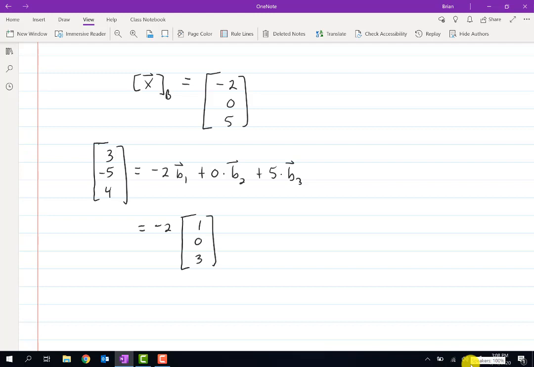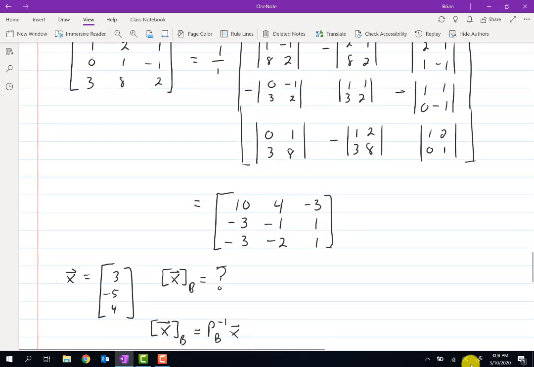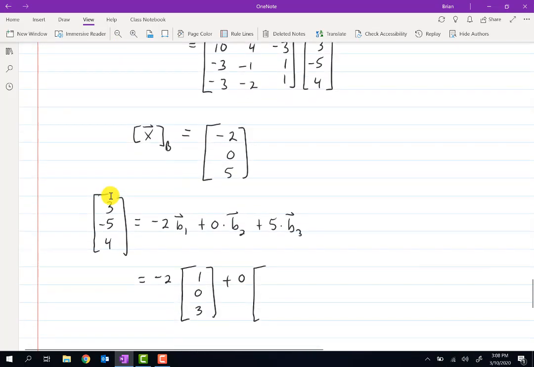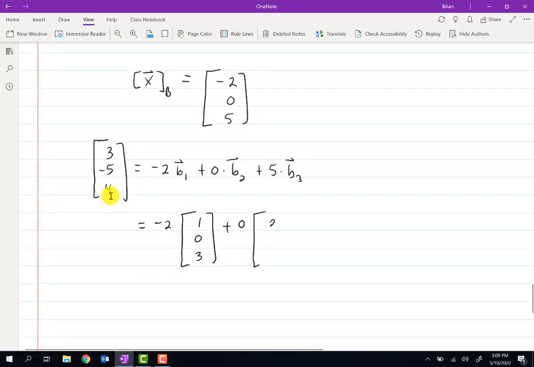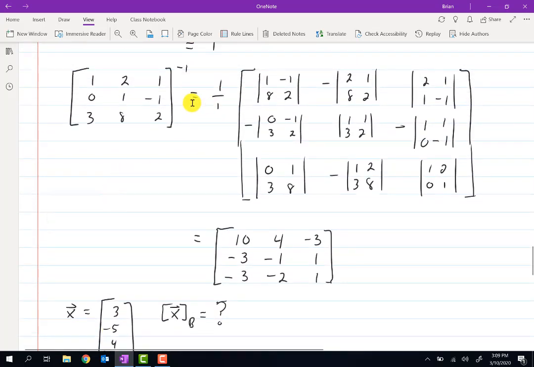And then plus 0 times this next basis vector, which was 2, 1, 8. Plus 5 times this last basis vector, which was 1, negative 1, 2.